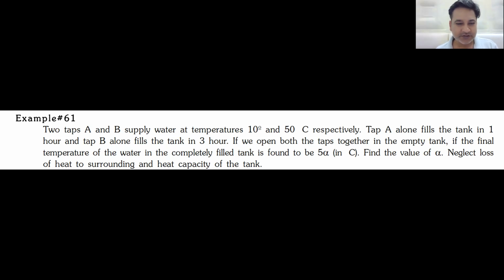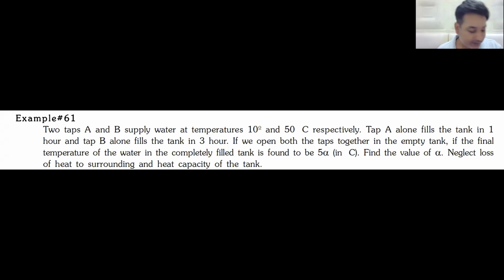I'll give you 2 minutes to think about this. That is correct. How did you get it? Remember, the ratio of the time to fill the tank is given. So basically, it tells you how much mass or volume of water will be filled by the first tap and the second tap. If the first tap gives m mass of water in the tank, the second tap will give how much?